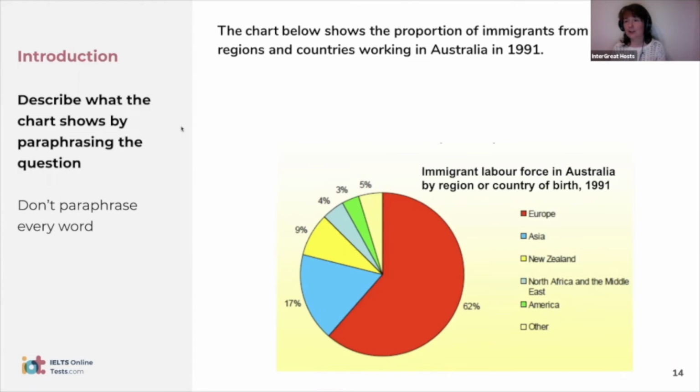So the introduction is basically just the task question, but you don't want to take the words exactly as they are in the task question. One, that shows that you are depending on that vocabulary instead of using your own vocabulary.